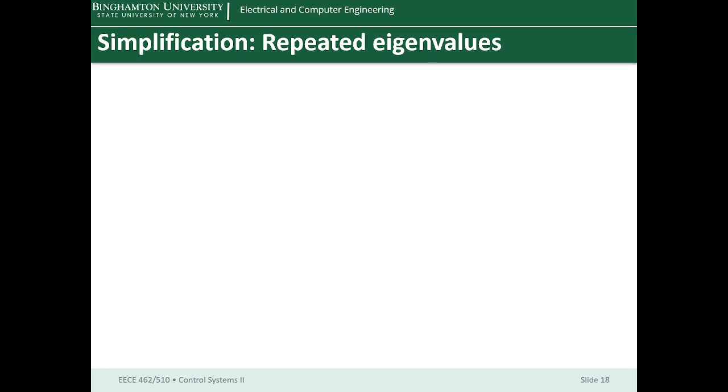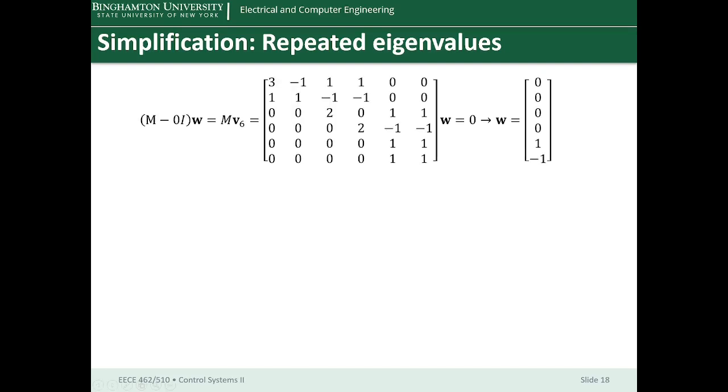We already have 5 linearly independent vectors: 3 from the first Jordan chain, v1, v2 and v3, and 2 from the second chain, u1 and u2. Since our system is 6-dimensional, we need just one more linearly independent vector. For that, we look at the other eigenvalue, lambda equals 0, to find its eigenvector.